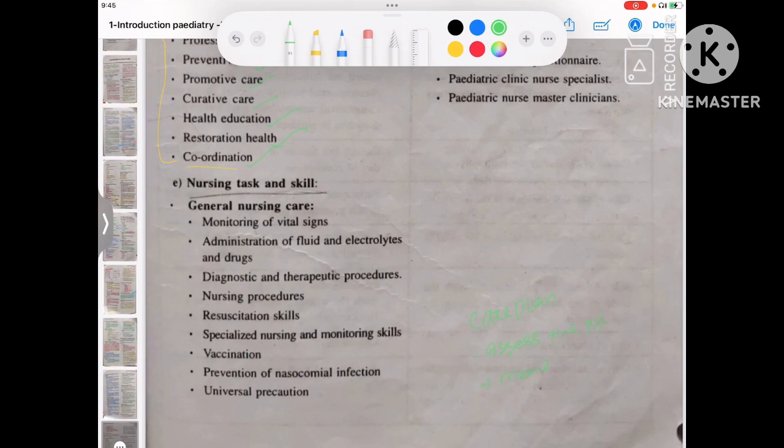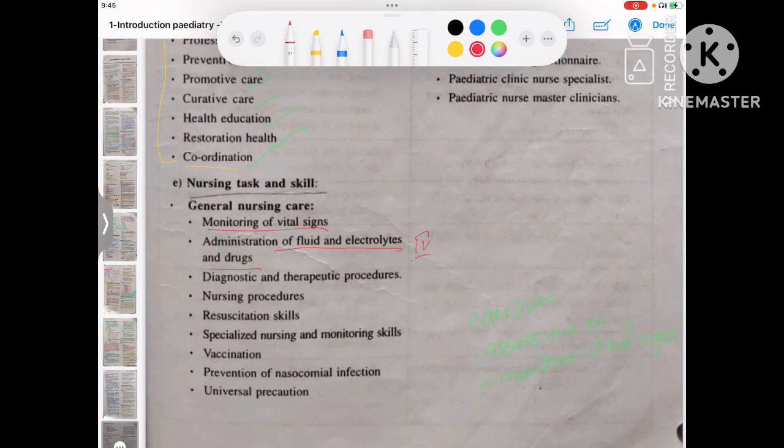These are the vital signs. So these are the normal things we will be writing. You can see here, first of all, assess the patient, monitor the vital signs, administration of fluid and electrolytes and drugs. Normally we will write administer the IV fluid.